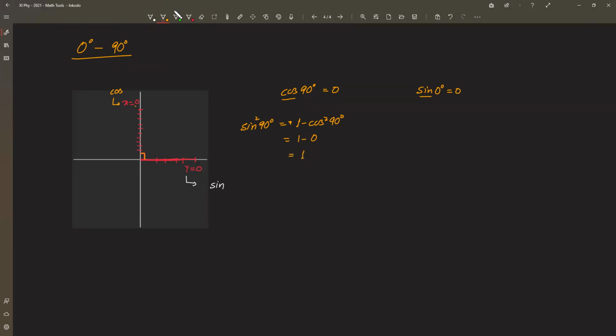That means this is 1. That means even sine 90 degree is equal to 1. And similarly, for cos 0 degree, the same approach applies. You will get cos 0 degree as 1.